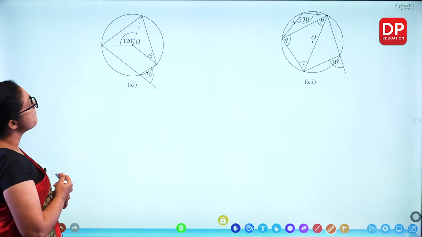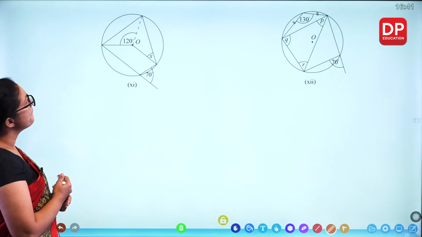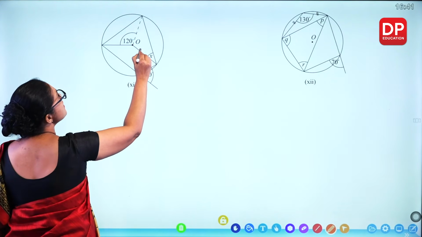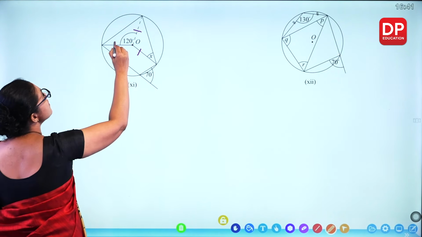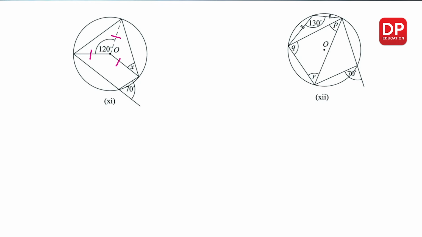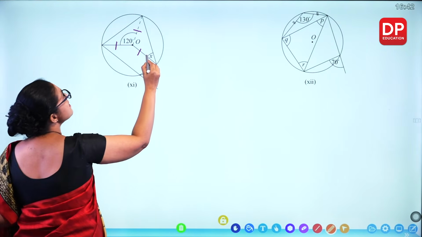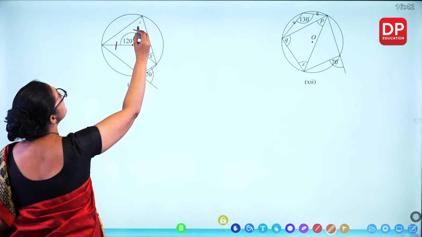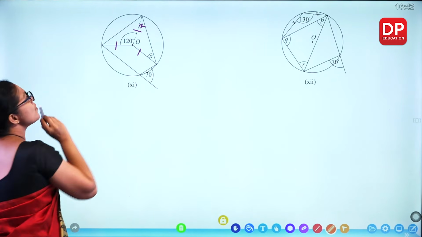This one. This is radius, so this is equal to this one, and this is also equal. All three are radii. This is x, this is x, and here 120 is there.